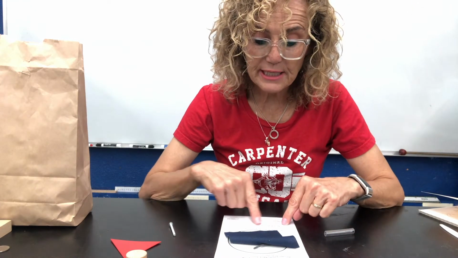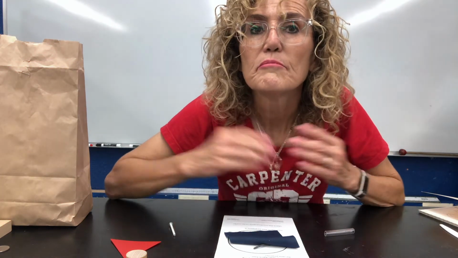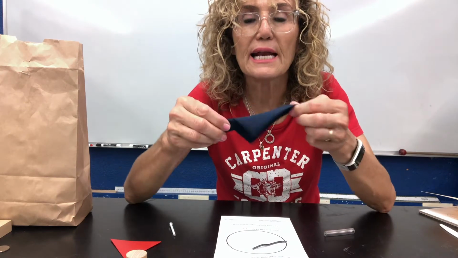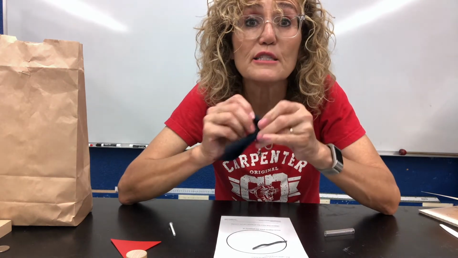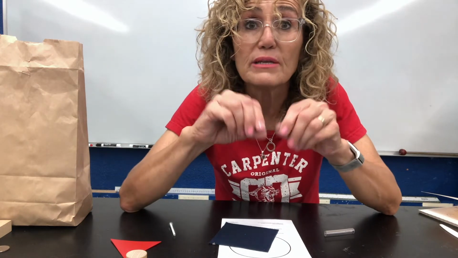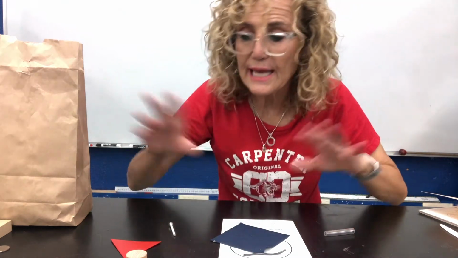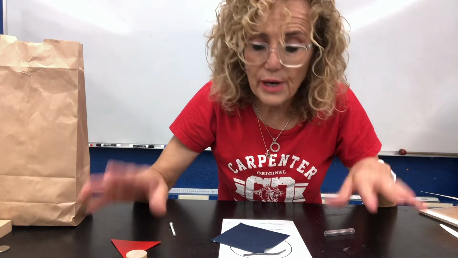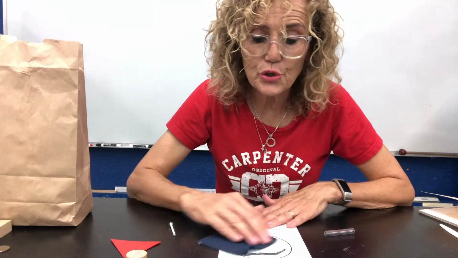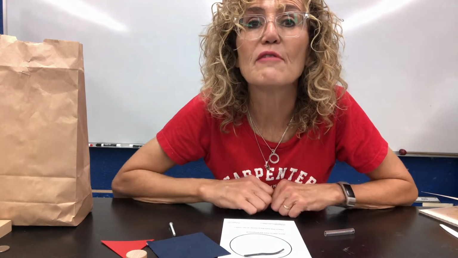And objects that have this property can be used for, what about connecting things, right? If I wanted to use the cloth, I could use it to tie something together. The wire I could use to wrap around and connect something. So what I want you to do is take turns putting these materials into groups of items that have the same properties.